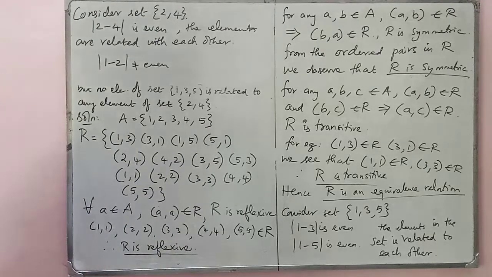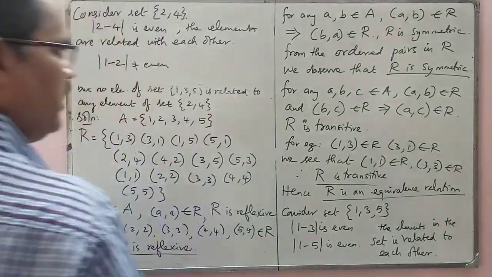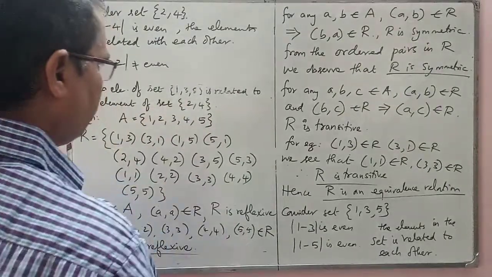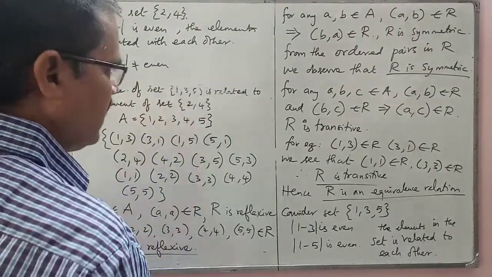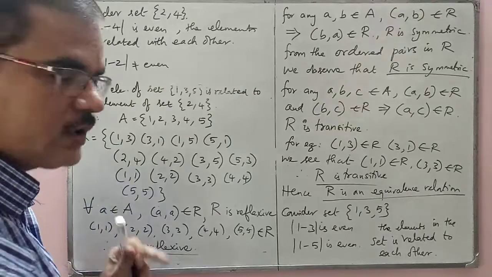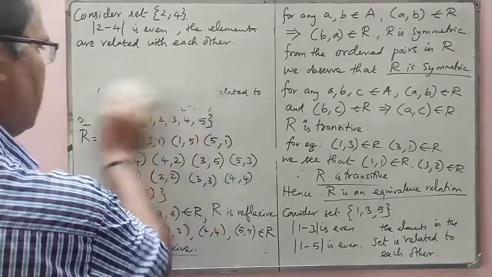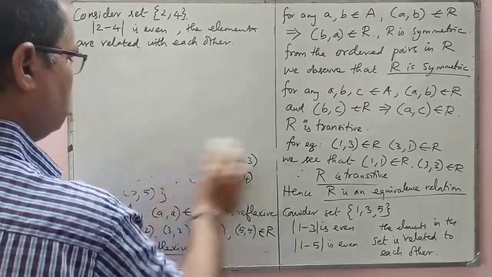So what is your conclusion? No element of set {1, 3, 5} is related to any element of {2, 4}. The reason is the difference between the elements is not even. That I am going to write now.